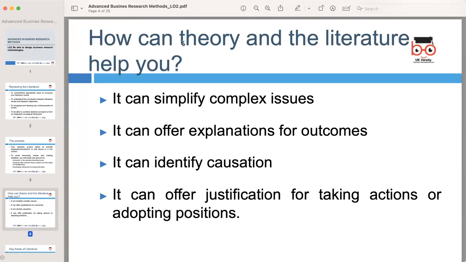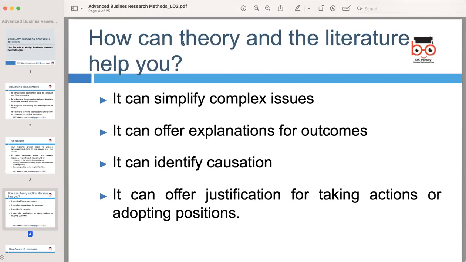By examining relevant literature, we can explore different perspectives and uncover theories that shed light on the causes and effects of specific phenomena.